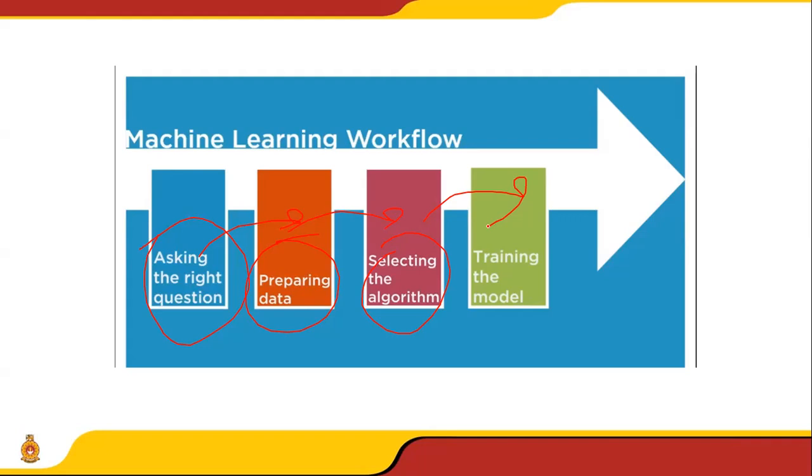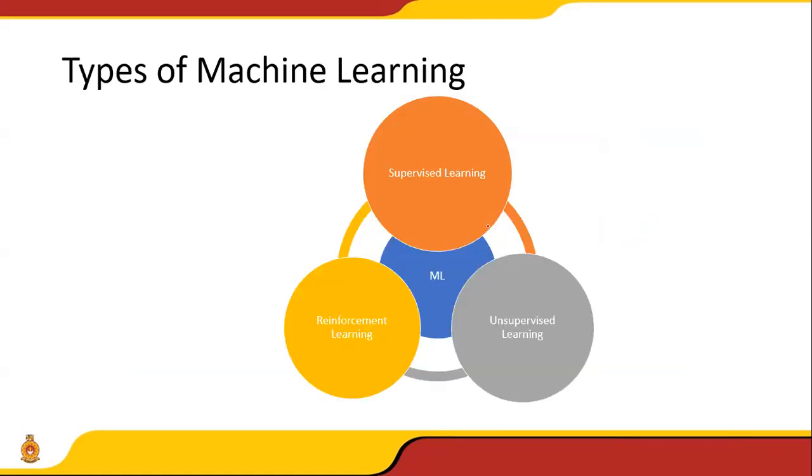This is the very high-level machine learning workflow, but you could find minor and some major modifications here and there. Different authors represent the same workflow in different ways. This is the way that I'm explaining, but it's open for you to research and understand what is the most suitable for this context.